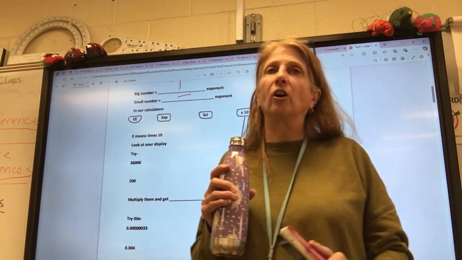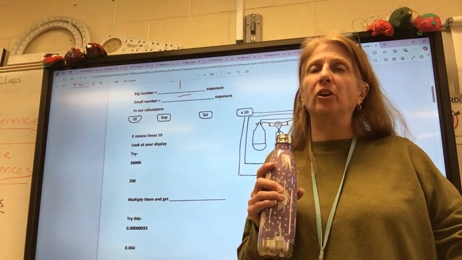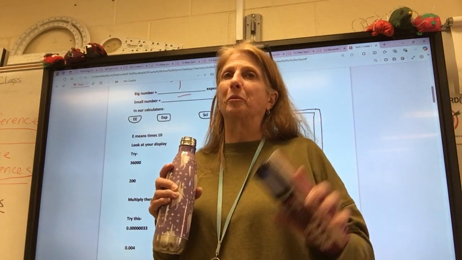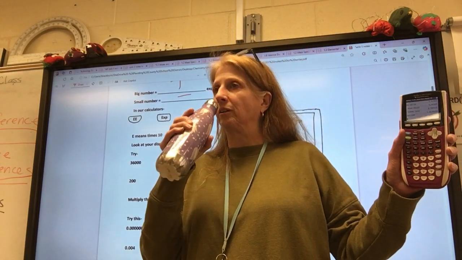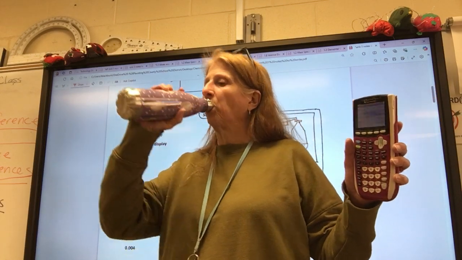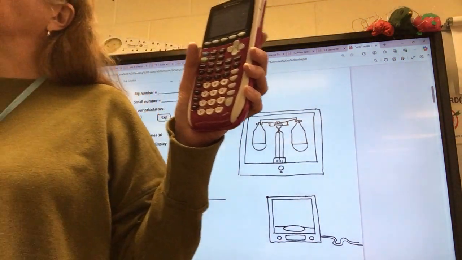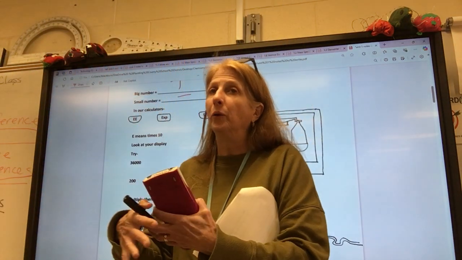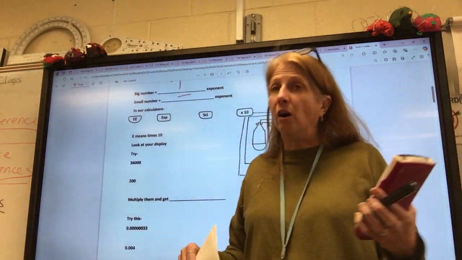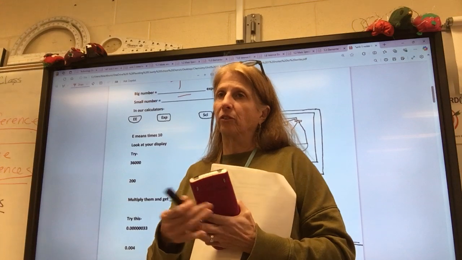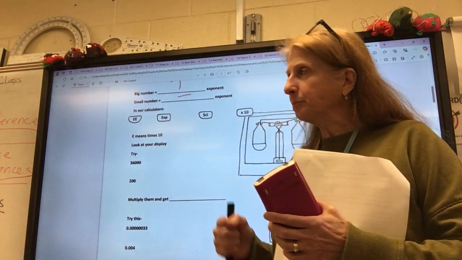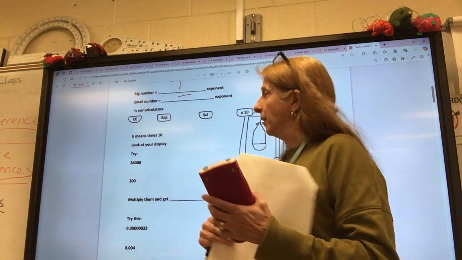X squared's a term, 3x is another term. Remember the terms part of algebra? Y'all do remember that? Okay. If you do that, your calculator will think it's two terms, and it will do the math on it wrong, and it will give you the wrong answer. So everybody's got to commit to doing it the way I'm going to teach you right now.